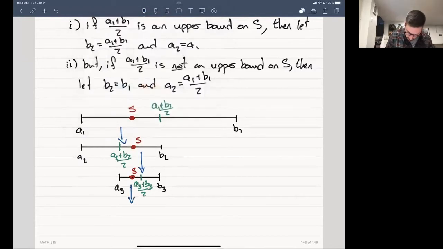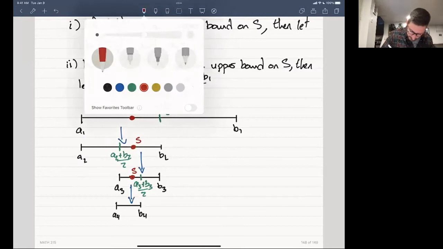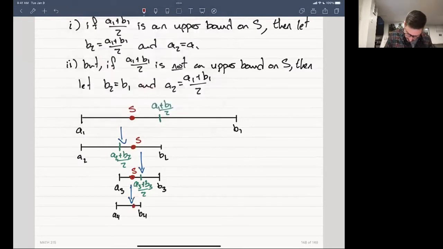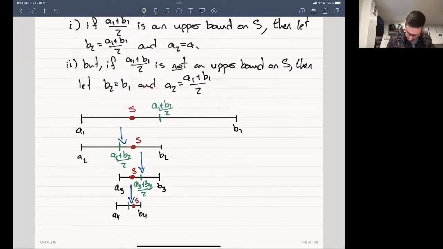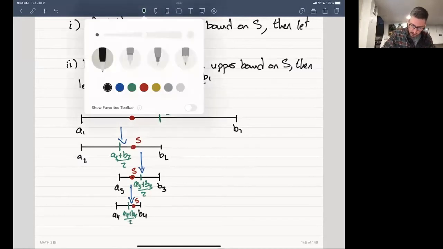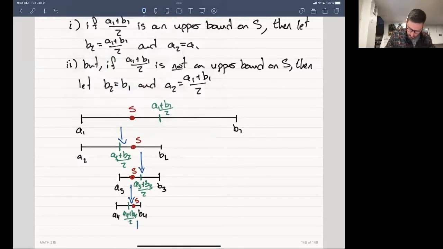And what you get is A4 and B4. This is getting a little tight, but you can see S is maybe over here, and I can divide that interval again. Sorry, this is getting a little cramped, but you can see that at every single step you are halving the interval and you are always inside of that original interval that you started with.